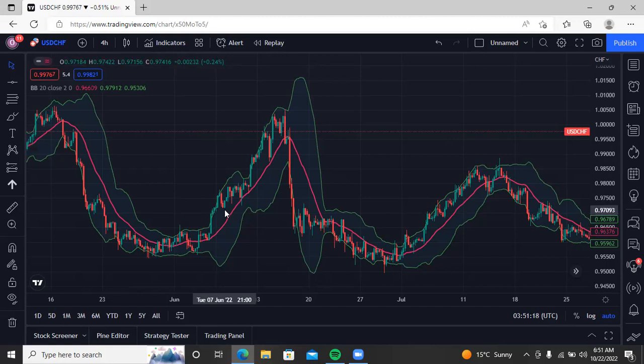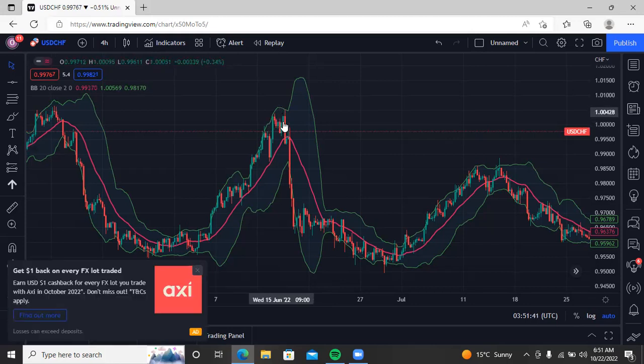Trick number two is when price is operating above this particular middle Bollinger Band, we call it the magnetic field. All the time, once the price reaches the top of the upper Bollinger Band, the market will tend to come in.